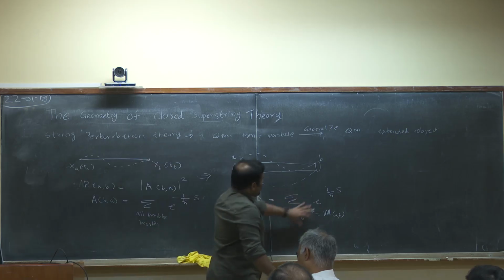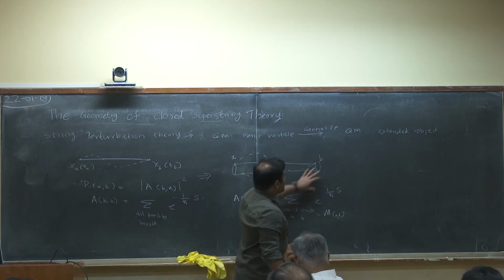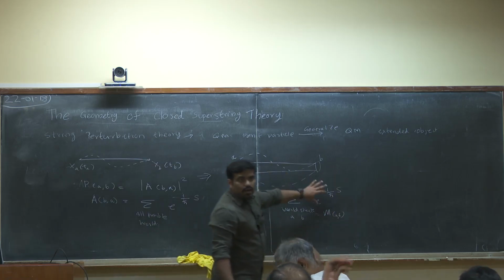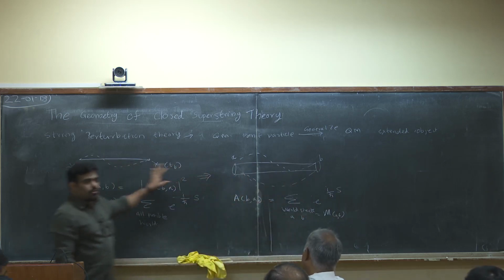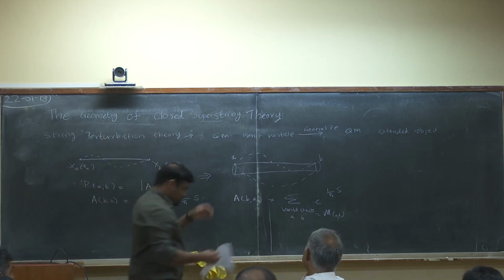Understanding the phase factor is not that hard, but understanding the sum over all world sheets is the main thing that we are supposed to understand in string perturbation theory.